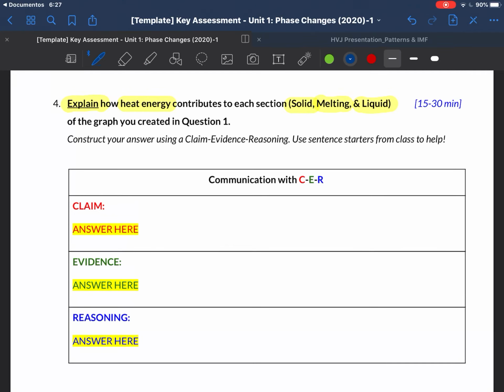So in my claim, I should be addressing solid, melting, liquid, and heat energy. I should say heat energy does whatever it is that it does in solids. Heat energy does whatever it is that it does in melting, in the phase change. Heat energy does whatever it is that it does in liquids.